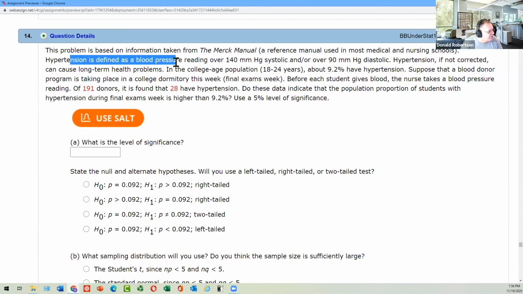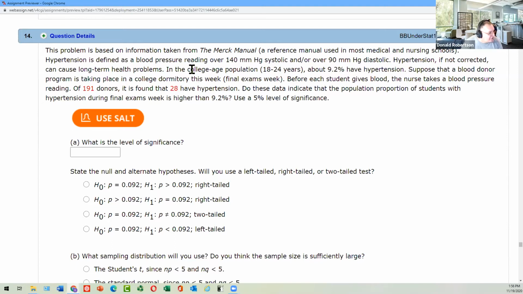Hypertension is defined as a blood pressure reading over 140 and over 90 on the other one. So if you've got high blood pressure, hypertension, if it's not corrected, it can cause long-term health problems. So I'm guessing it makes you more likely to have strokes and heart attacks.